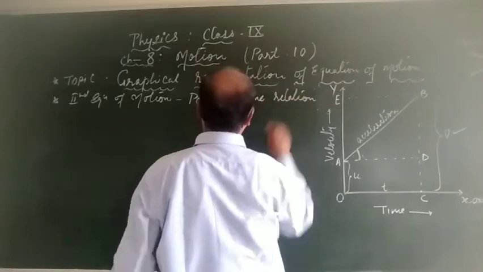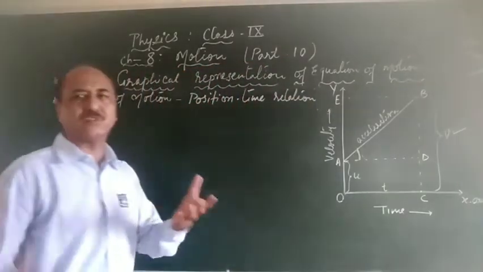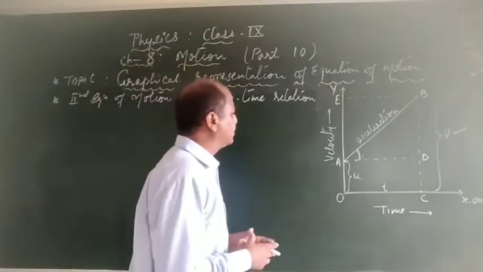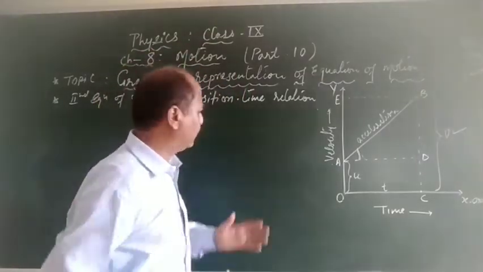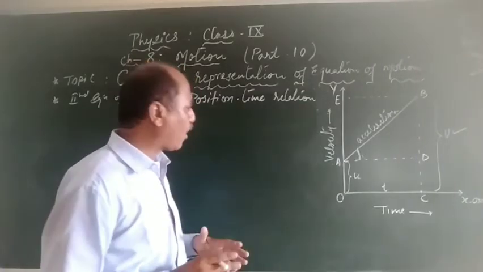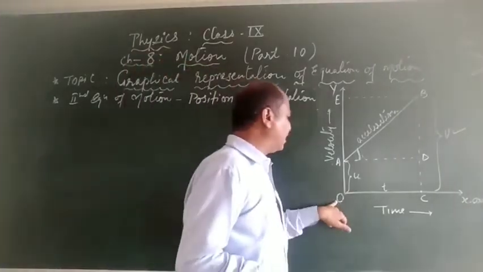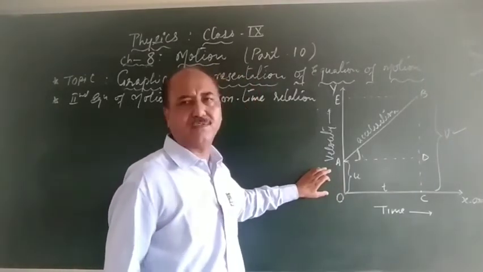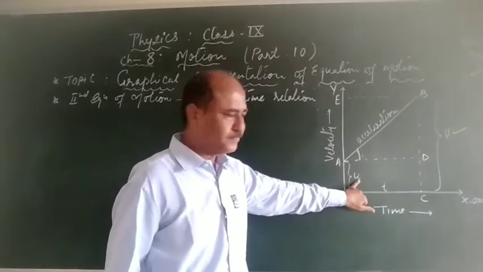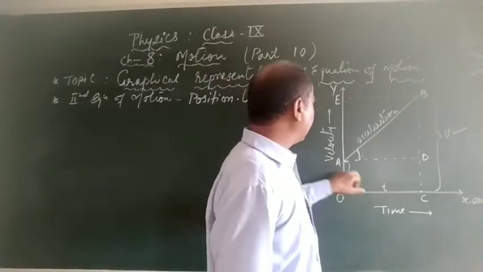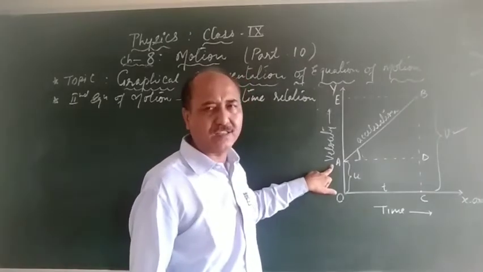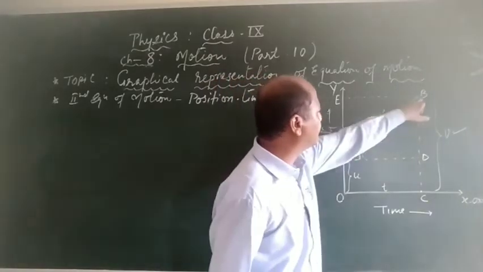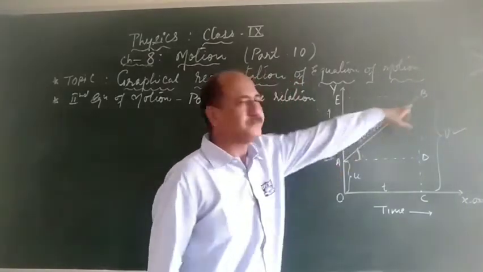So how can we relate position and time? Position means actually the displacement of the body. Again, we can give the introductory part similar to what we went through in equation 1. When the time is 0, OA is the initial velocity, represented by u. After the body starts accelerating in a straight line, the acceleration is represented by the slope AB.